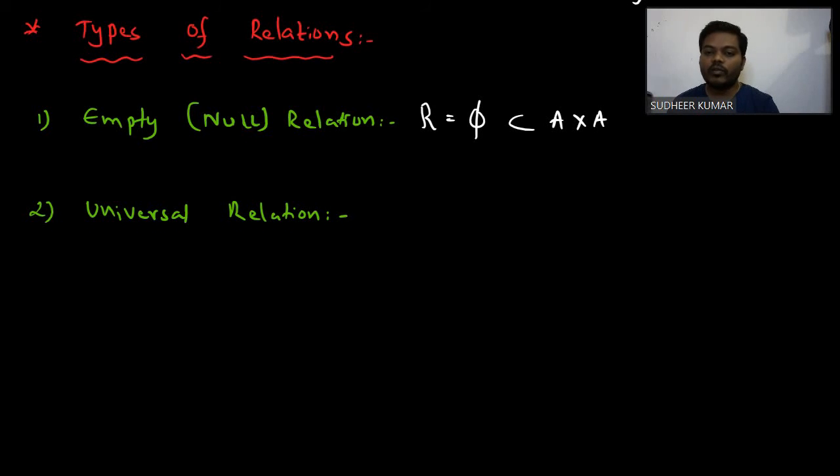If each element of A is related to every element of A, then it is called a universal relation. It is denoted by R = A cross A. Sometimes these two relations, the empty relation and the universal relation, are also called trivial relations.